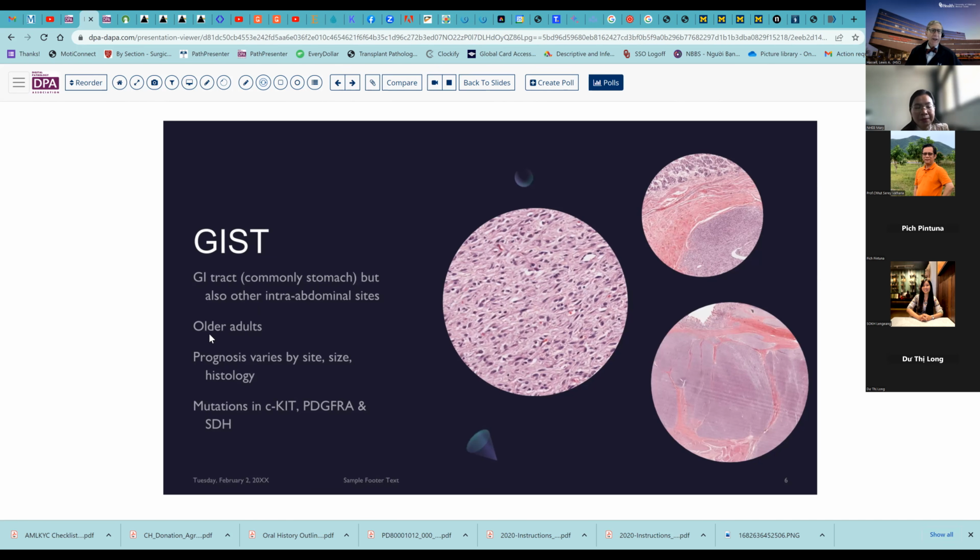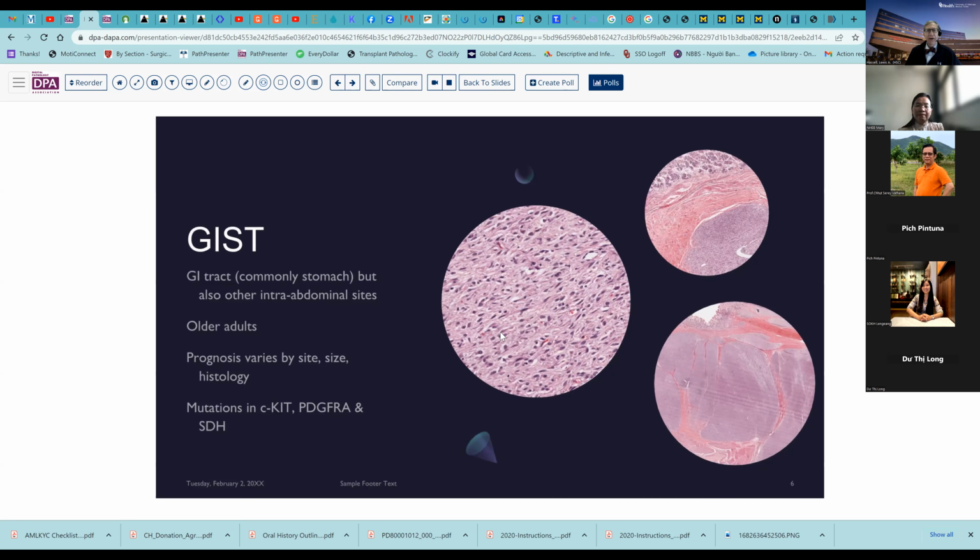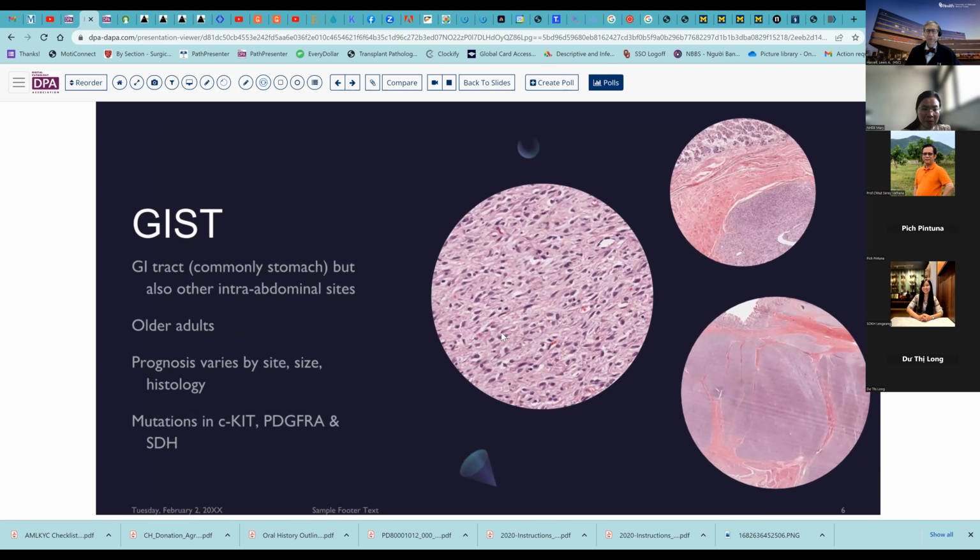And of course, the prognosis: if you look at the CAP checklist, there's a nice risk stratification table in that tumor checklist that helps you evaluate the risk for the patient, high risk, low risk, intermediate, et cetera, for recurrence and spread. That varies according to site, the size of the tumor, mitotic rate, and other histologic features.